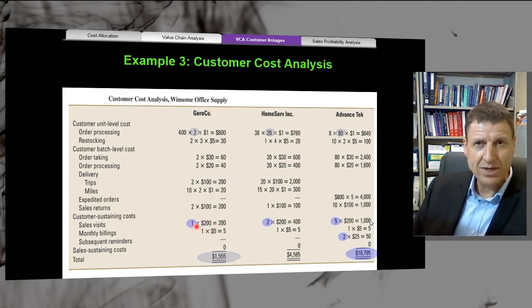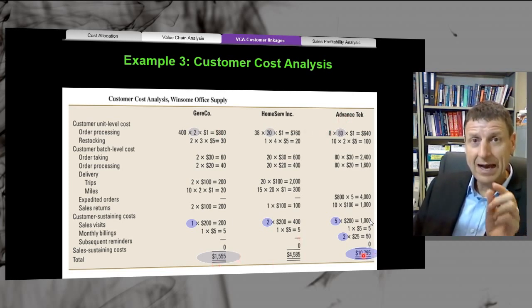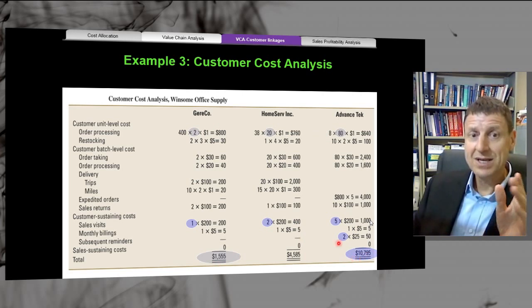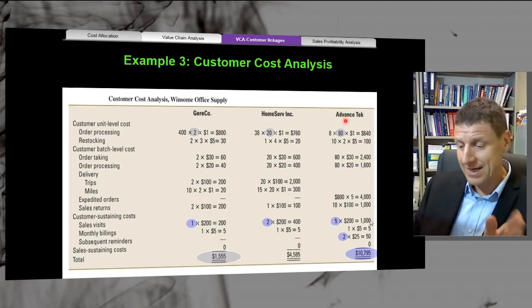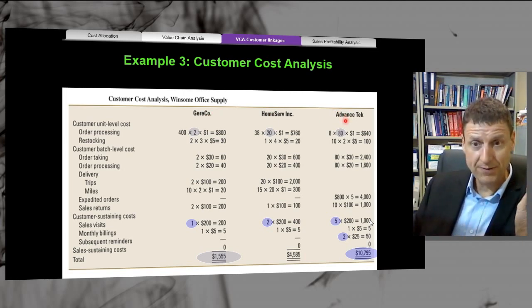Once a month is good enough. And we're going to do 2 big orders, and we're very maintenance free. Advanced Tech, they're the opposite. You can see the difference here. And these costs are telling management to be careful when you start to treat this customer the same as this customer here.